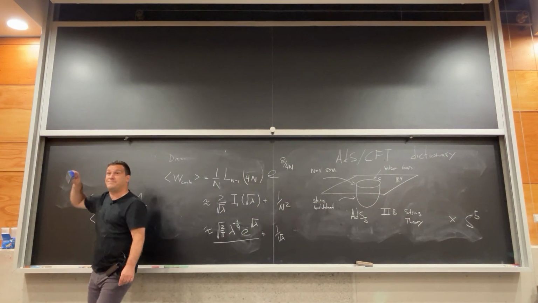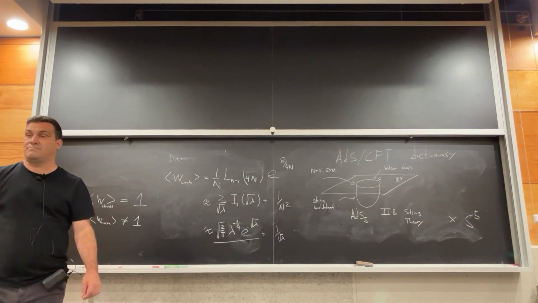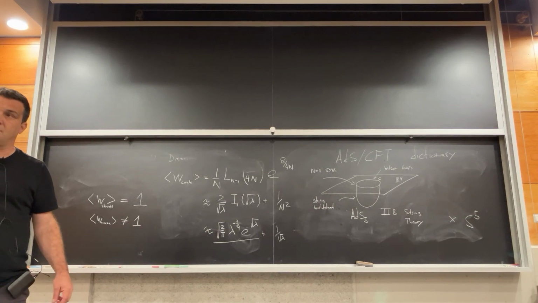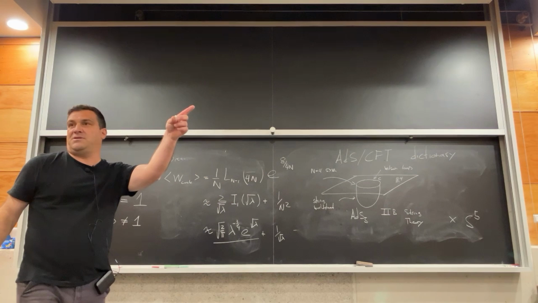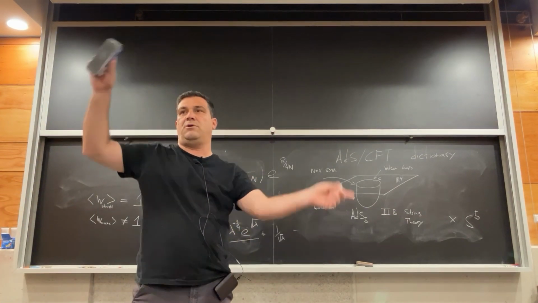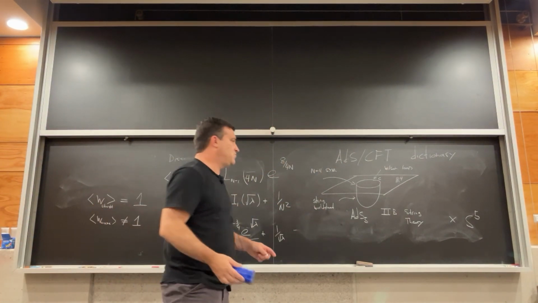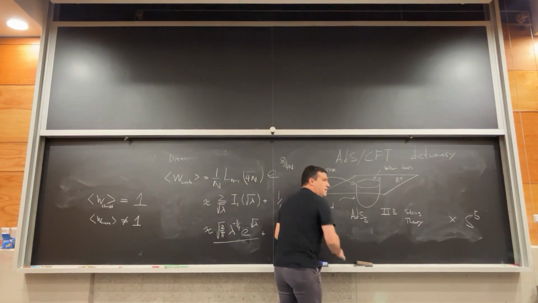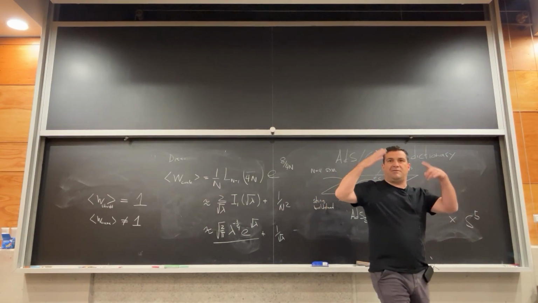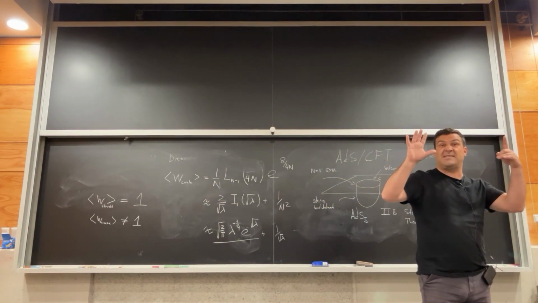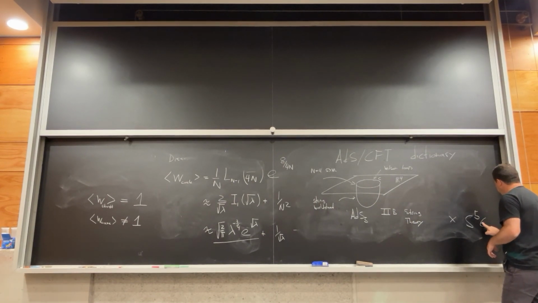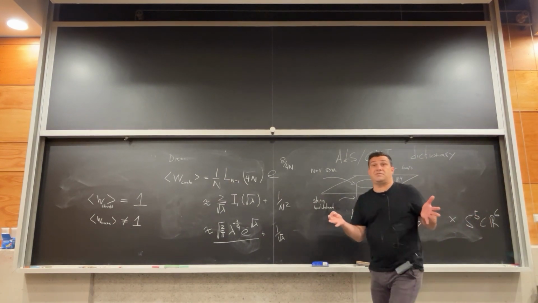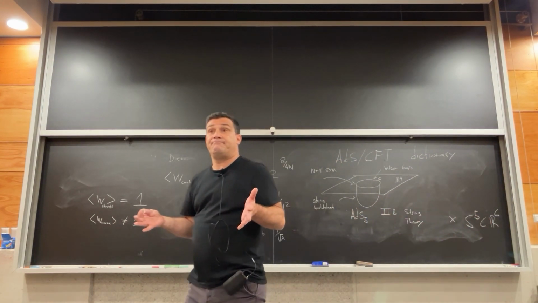Is there a special reason to set the string at the north pole instead of any other point? No, it's a fixed point in the sphere. This just depends on how you oriented your coordinates. What I'm doing is identifying the R6 where the scalars lived, remember there were 6 scalars, as the embedding coordinates of the 5-sphere.